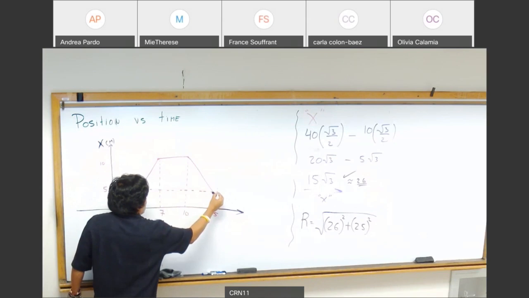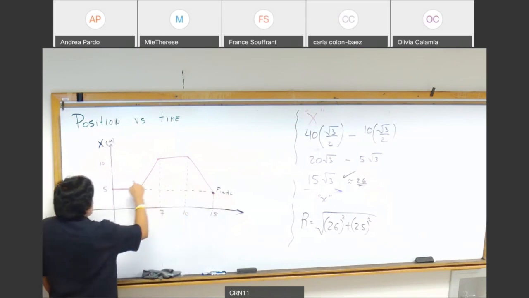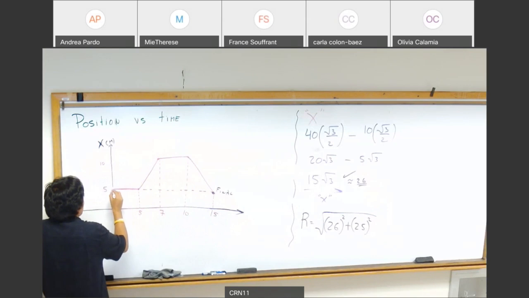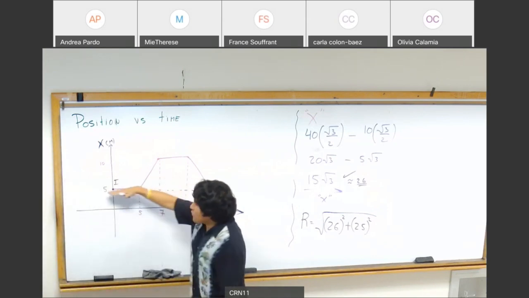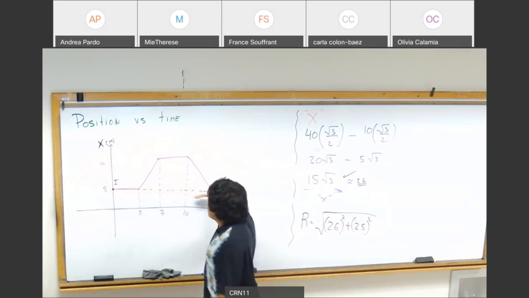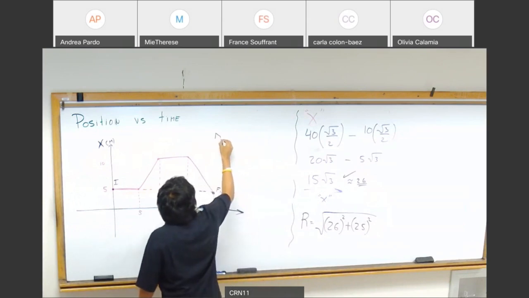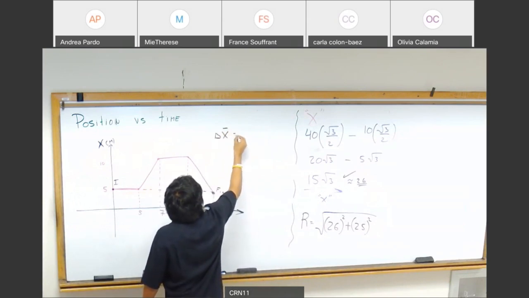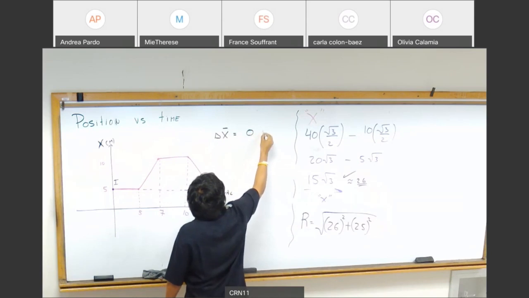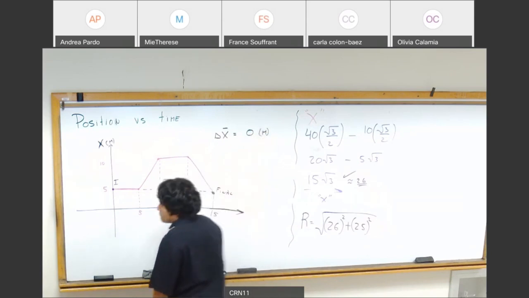Your final position was this, and your initial position was here. So let's call this initial. They both are at 5. So I can say that my displacement was 0 meters.